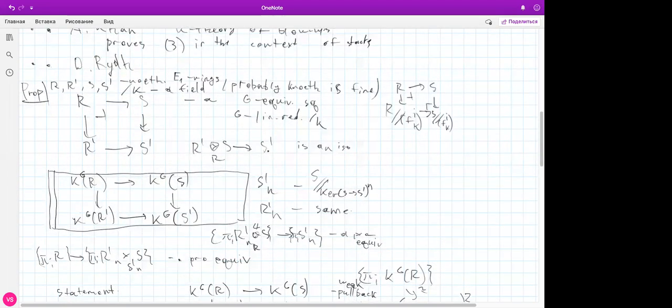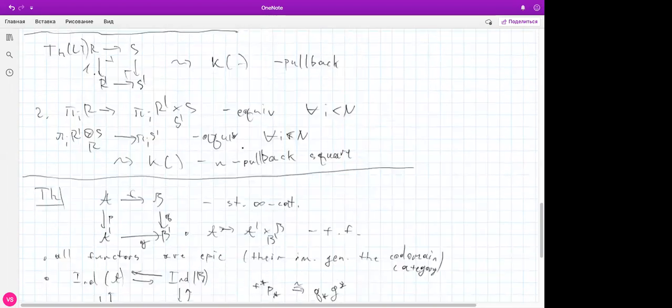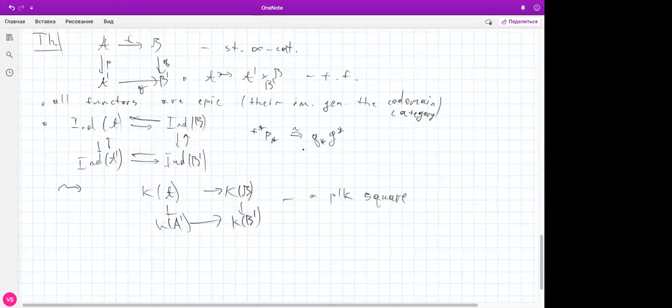So if you look at this condition, this is exactly saying that the base change isomorphism for this map and for this map, or for this square, is an isomorphism on the generator of this category. But then, since all functors commute with colimits and with finite limits, it's also an isomorphism on all objects of the category. So this condition corresponds to the condition of the base change being an isomorphism.